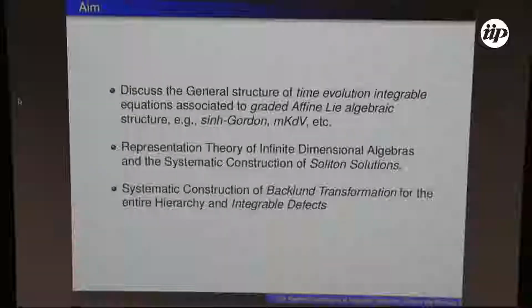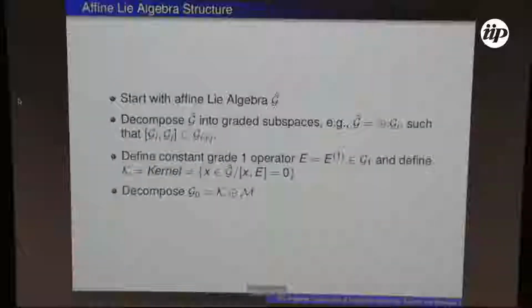So let me start with one transparency explaining the structure of the equations of motion in terms of this affine Lie algebra. You need 3 basic ingredients. The first ingredient is the choice of your Lie algebra.